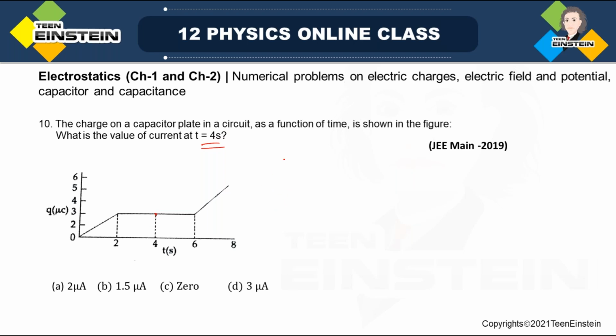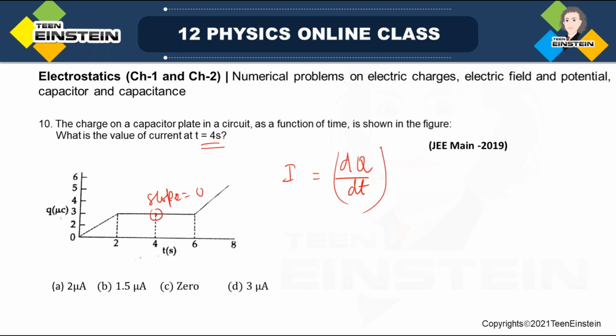See, current means what? Time rate of change of charge. This means the slope of the curve. Here, this is the Q-t curve. So in that Q-t curve, you have to find the slope. So what is the slope over here at 4 seconds? This is the portion, right? Since it is parallel to the time axis, the slope is 0 over here.